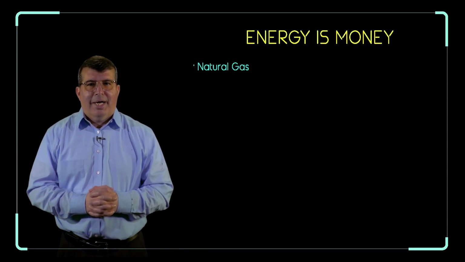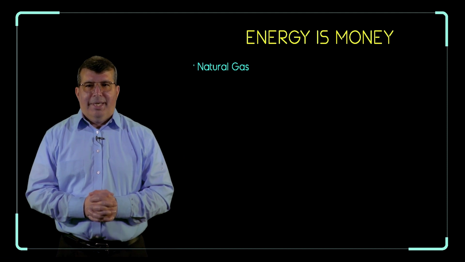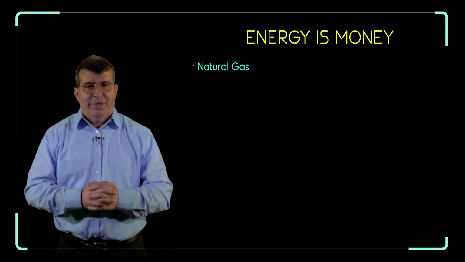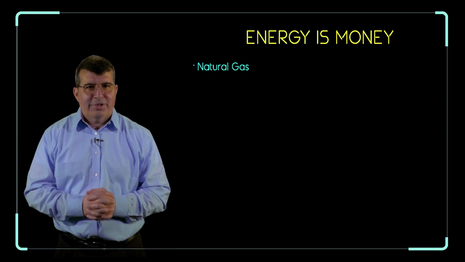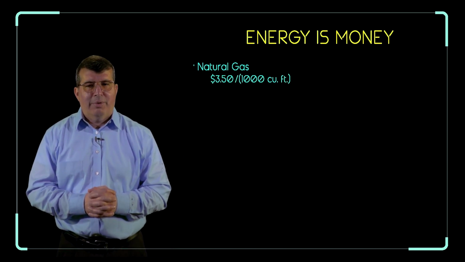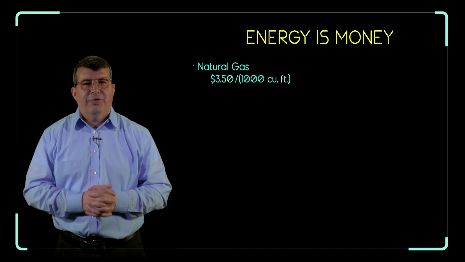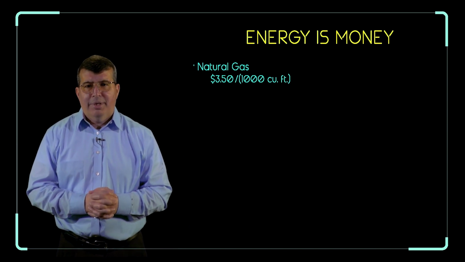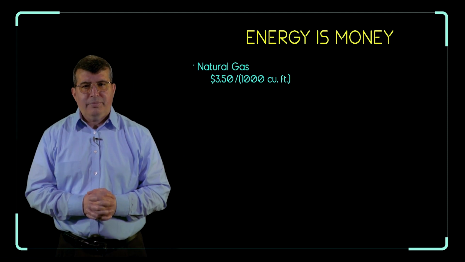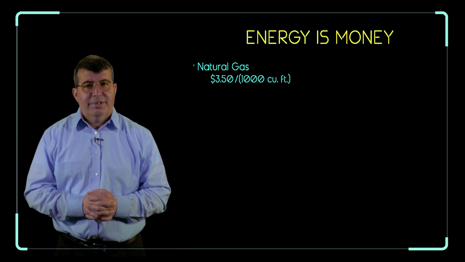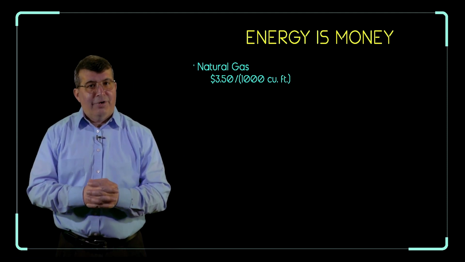Okay, here's some numbers. Let's start with natural gas. I looked at my gas bill, and my gas bill was $3.50 per 1,000 cubic feet. So I would buy 1,000 cubic feet of gas, and the gas company would charge me $3.50 for that. Well, I use that gas to heat, and that is a very efficient process.